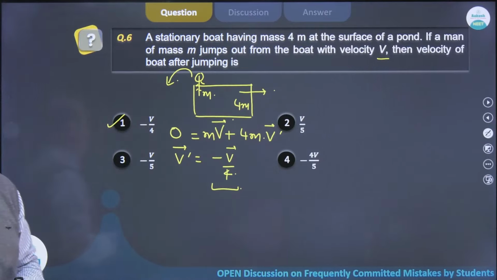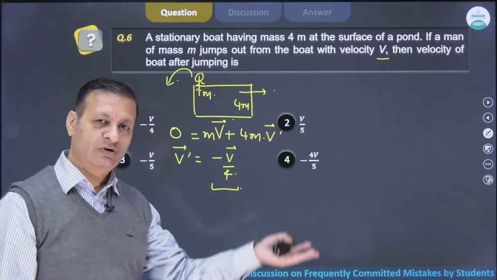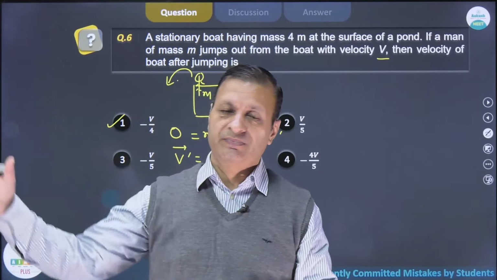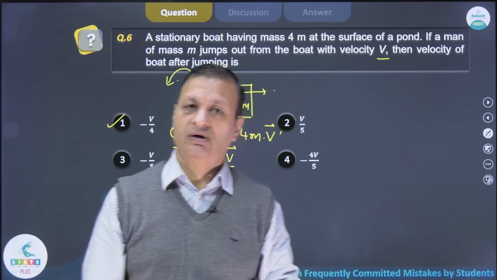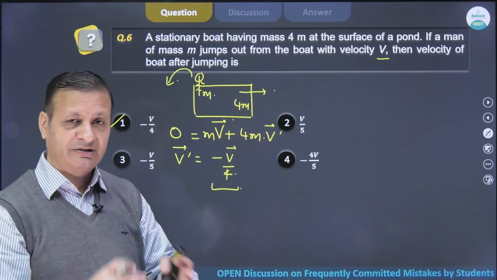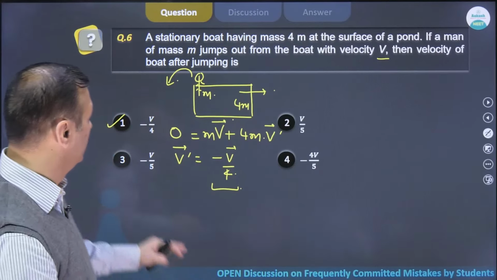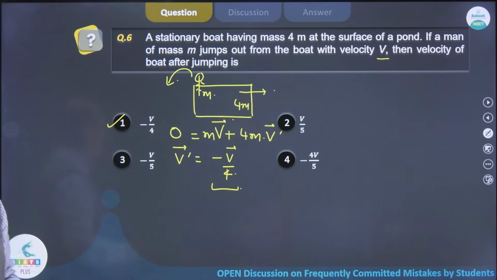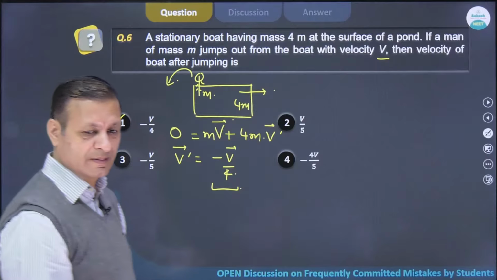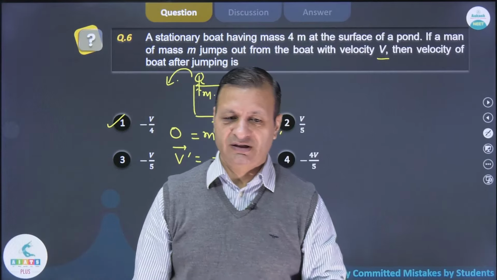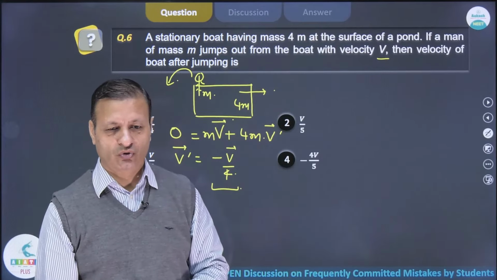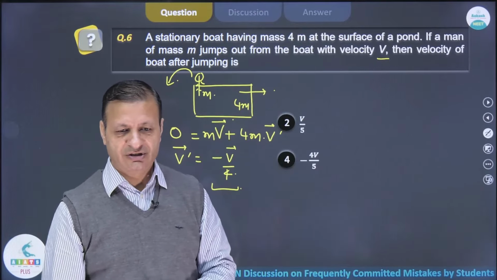Minus indicates that if a man is jumping towards one side, the boat will move slightly to the opposite side, so that the final momentum of the system remains 0. Any doubt from this part? Rishabh has given the right option, v/4. I hope you have understood it clearly.